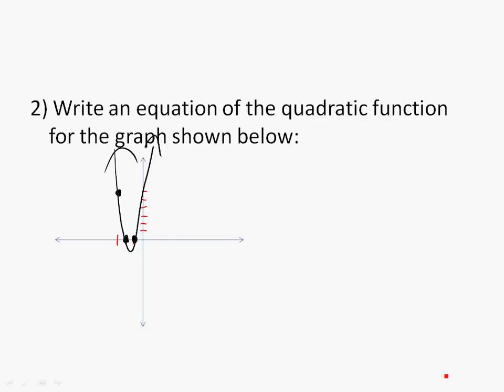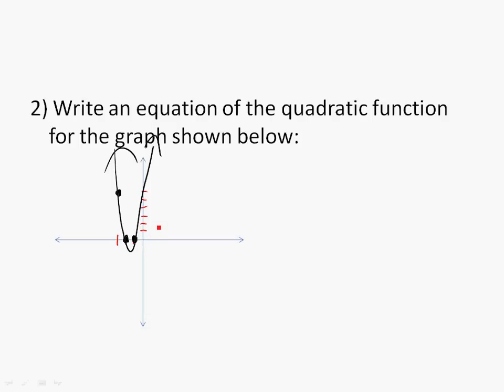Hi everybody. We're going to write the equation of the quadratic function for the graph shown below. In this specific problem, instead of being given the coordinates or given information from the problem, we're given a picture of the graph.